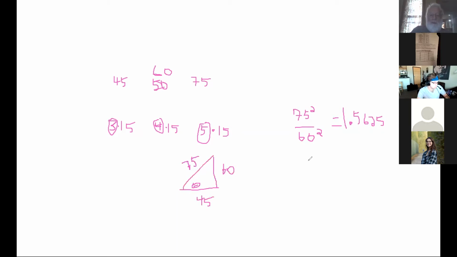So what does the ratio 75 over 60 represent? It's hypotenuse over the side, but squared. So what trig ratio is that?